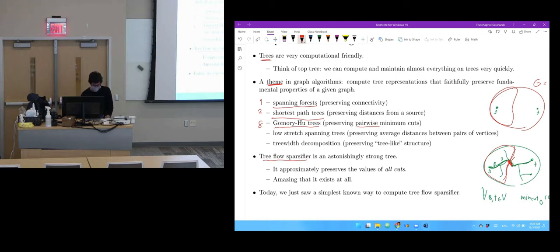Because this Gomory-Hu tree preserves just n square numbers, but the flow specifier preserves exponential information, because every cut is preserved, but there you need to pay some factor, like a log factor. But yeah, it exists.